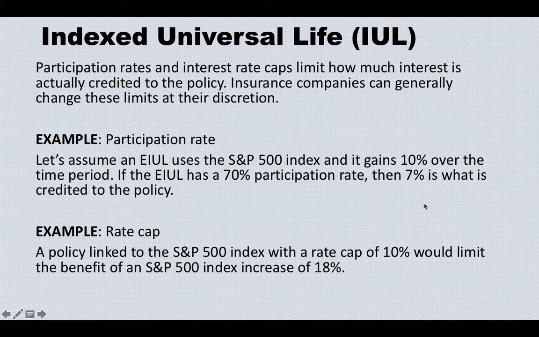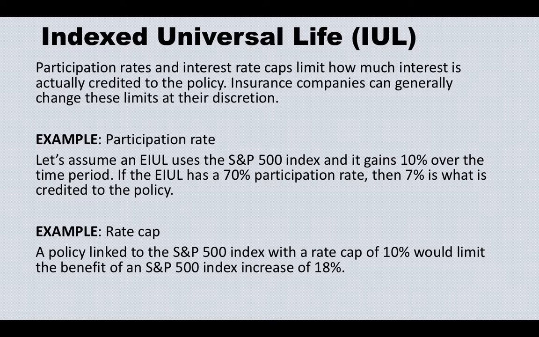So when the index went up 18% in a year, you're going to be capped at 7% credited to the account. The rest belongs to the insurance company. This is the upside.